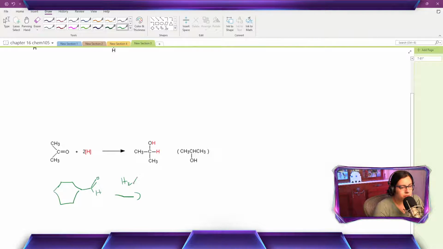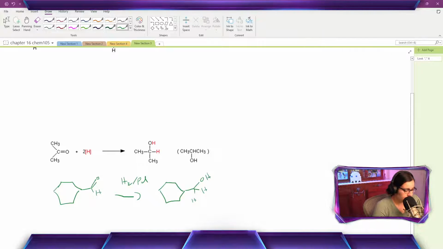So we can do hydrogen and palladium. Now this becomes an OH and H there.